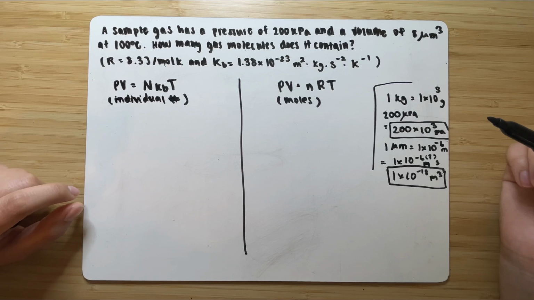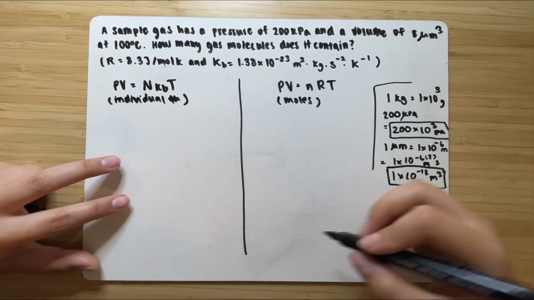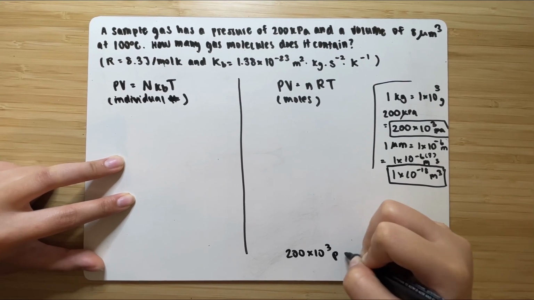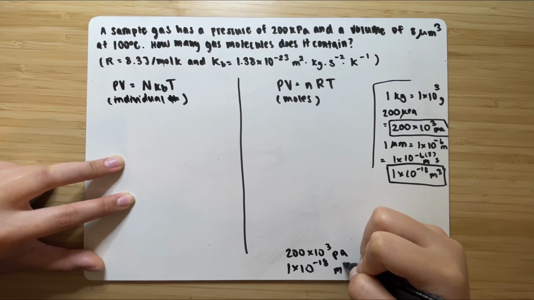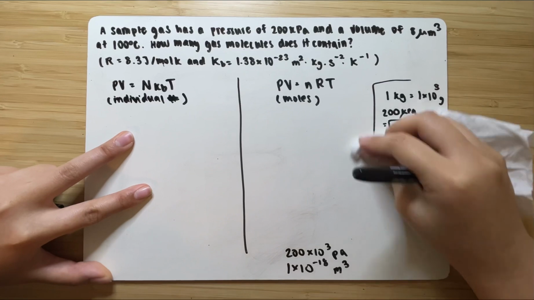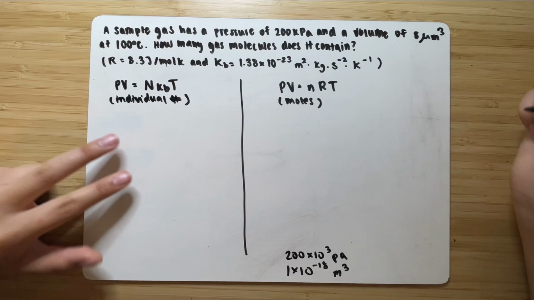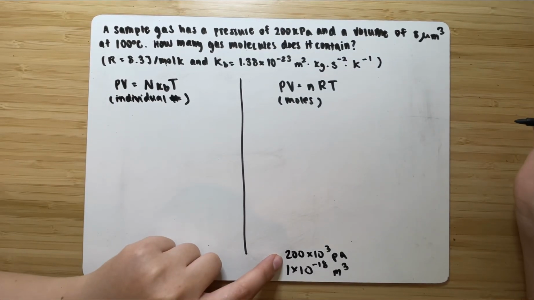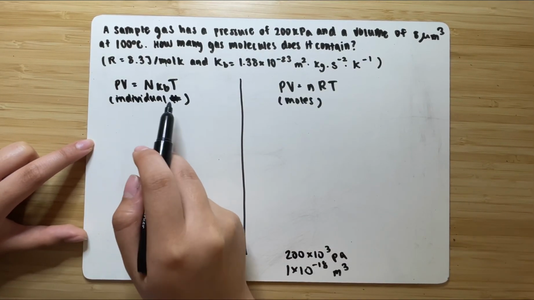Now, let's put these two underneath because we want to remember them: 200 times 10 to the third Pa and 1 times 10 to the negative 18 meters cubed. Now you can delete this. Back to here, we want to plug in what we know. So we will begin finding the individual number of molecules.